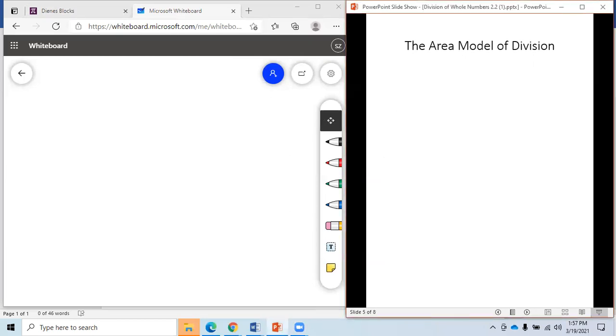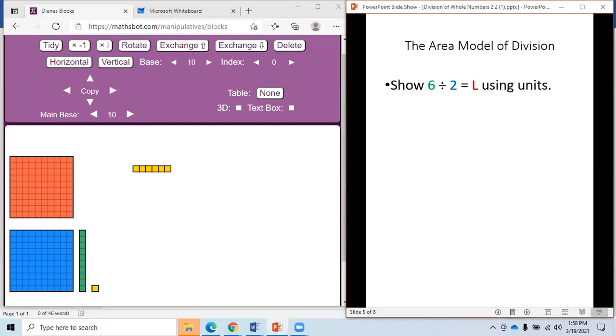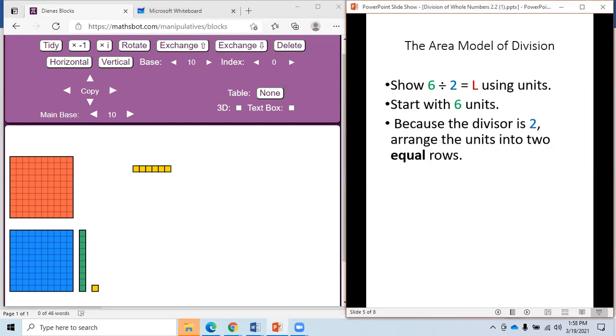So let's use the area model to illustrate a couple of division problems. Let's show 6 divided by 2 equals L. We're going to start out with 6 blocks. Because the divisor is 2, we need to arrange these blocks into 2 equal rows.